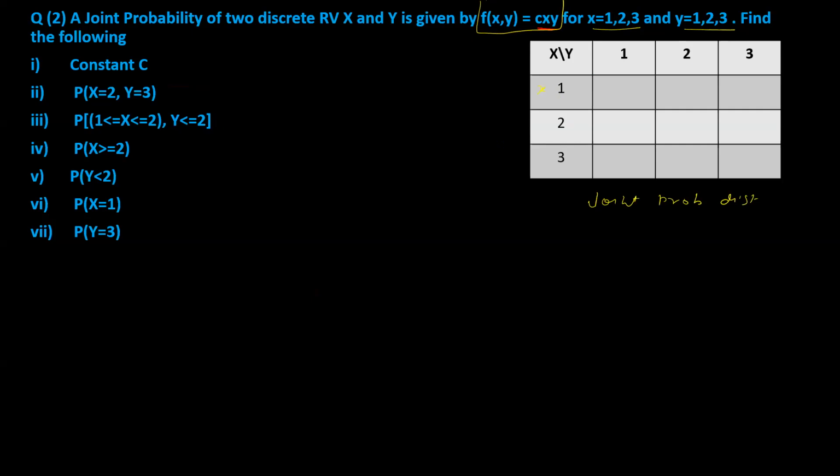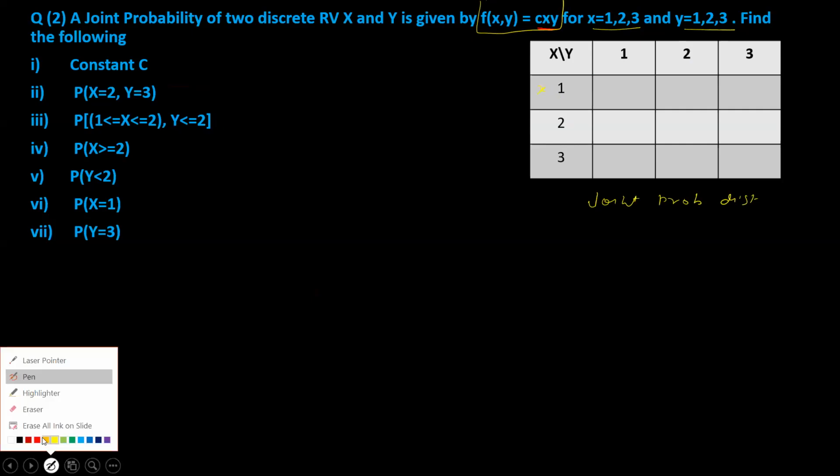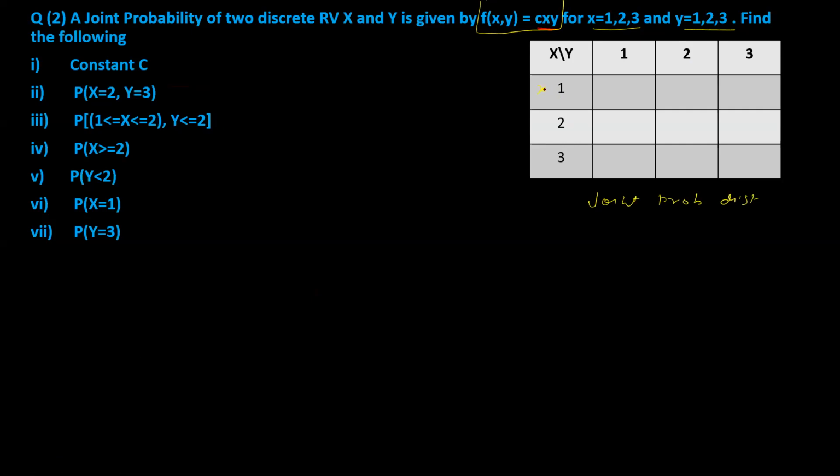This is x1, this is x2, this is x3, this is y1, this is y2, and this is y3. Now in cxy, I will put the values 1, 1, 1, 2, 1, 3, and then fill this table. When x is 1 and y is 1, you will get 1 into c.